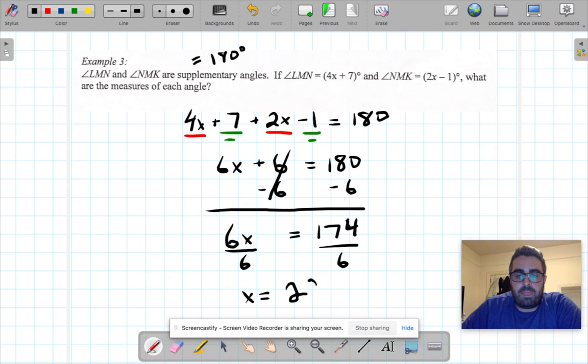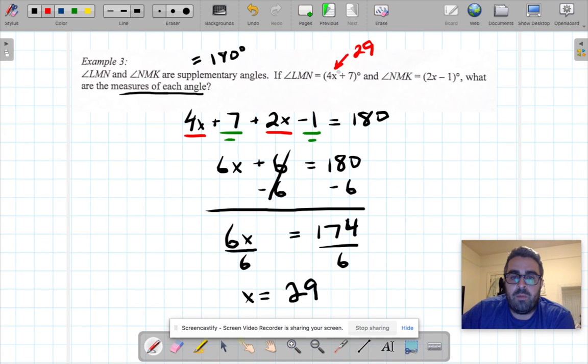But I'm not finished with this problem because the problem wants to know the measure of each angle, not the value of x. So I have to substitute x into one of the equations for the angle. So it doesn't matter which one, you can pick either one. And I'm going to choose the first one, LMN.